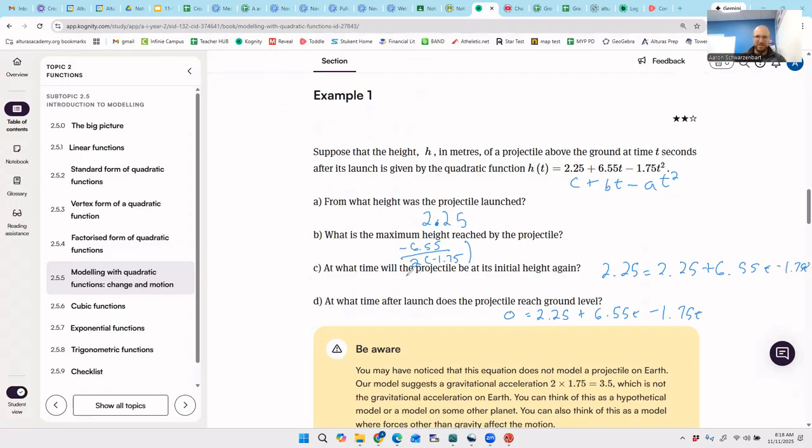So it asks at what time will it be at its initial height again? So these are going to cancel, and I'll get this, which I can then factor a t out of. Yes, that would be the initial height.